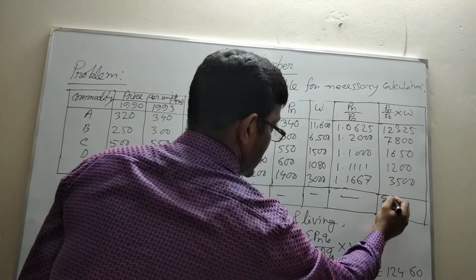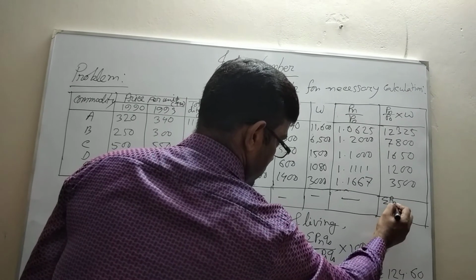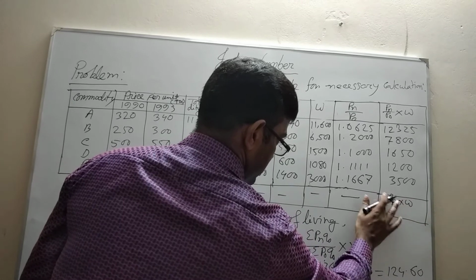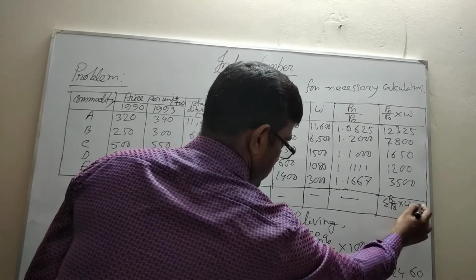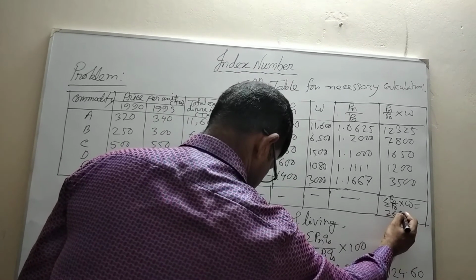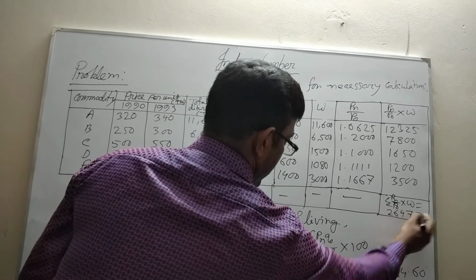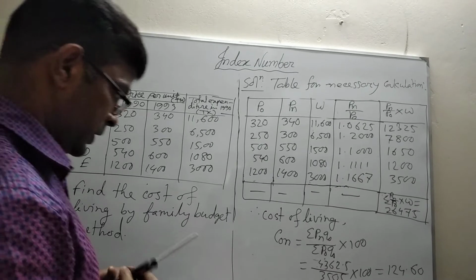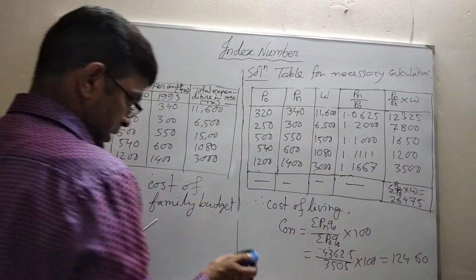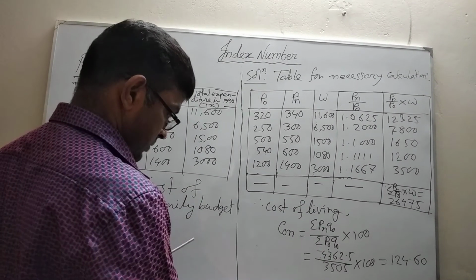Then the sum total of Pn by Po multiplied by W equals 26475. Now you can write the formula of cost of living by the family budget method.